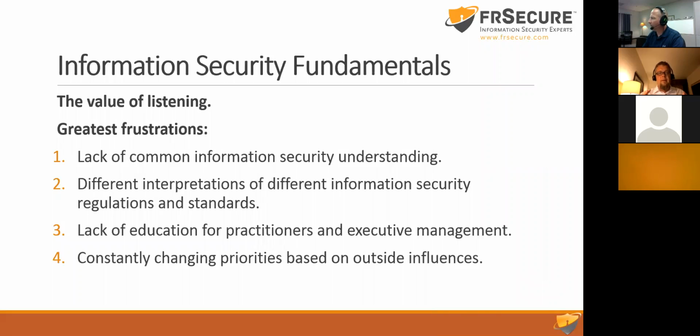So greatest frustrations: lack of common information security understanding. Going back to our definition of what security is, that's not a shared thing. I would ask you to ask this too, of people you know in information security, or of business leaders and executives or anybody. Ask your wife or husband, hey, what do you think information security is?